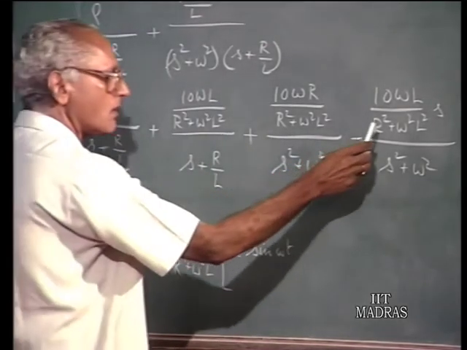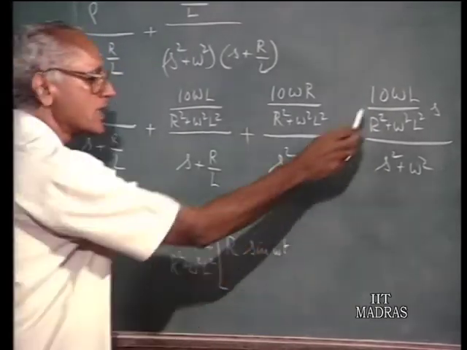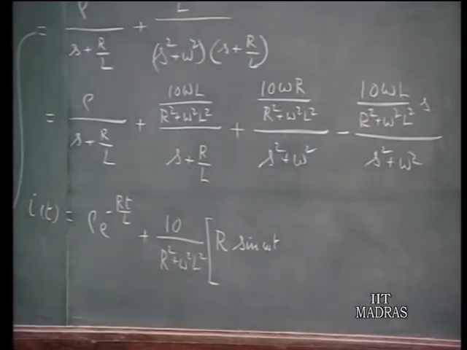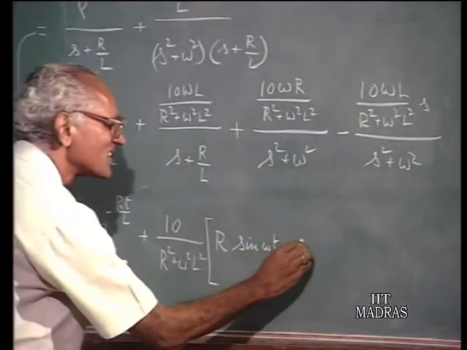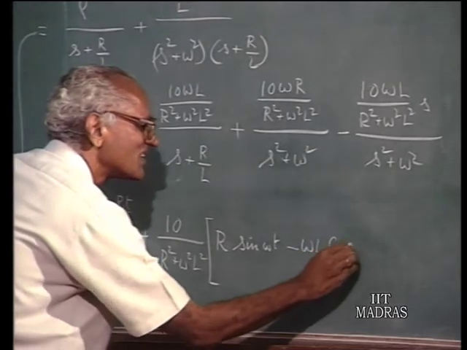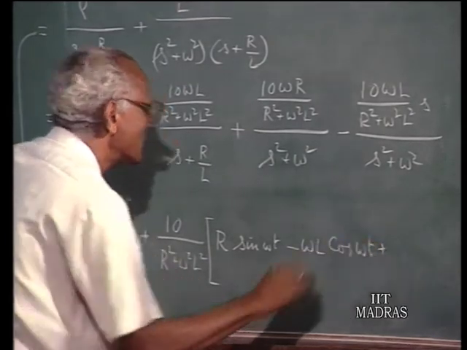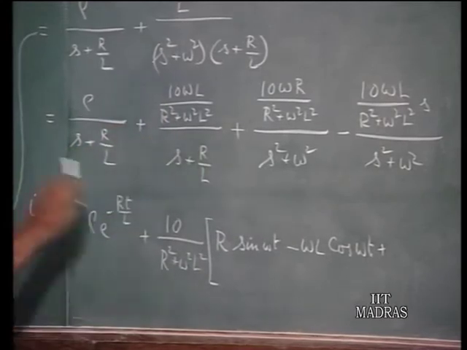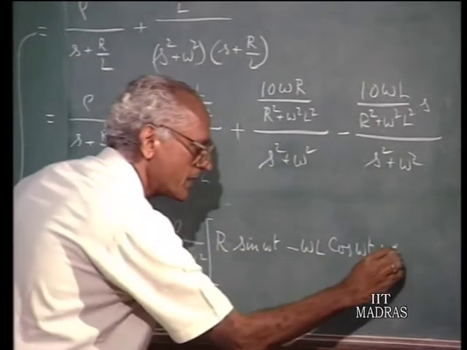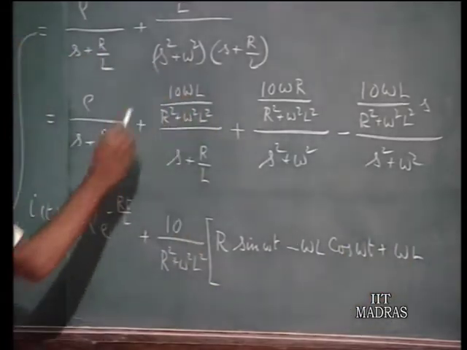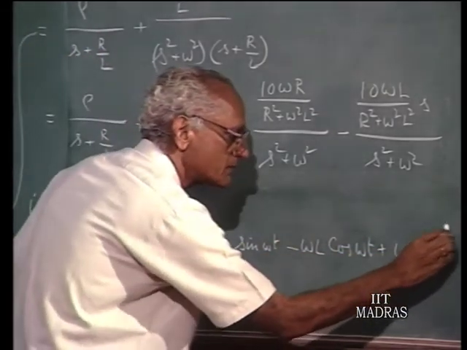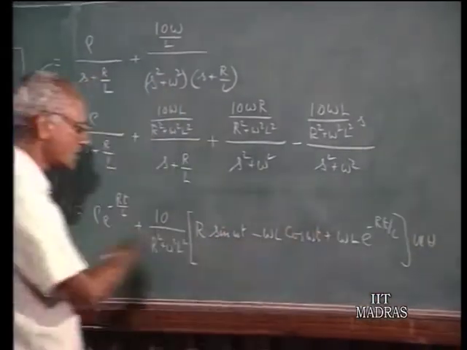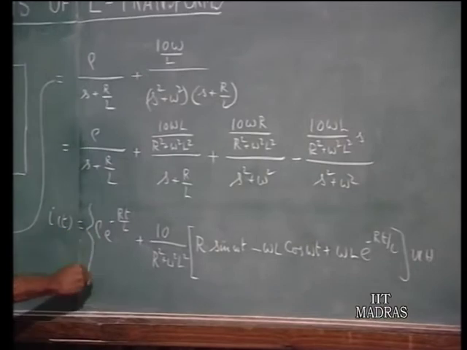Here again 10 over R squared plus omega squared L squared has been taken out. s by s squared plus omega squared will yield cos omega t, therefore I have minus omega L cos omega t, plus here 10 by R squared plus omega squared L squared is taken out as a common factor, therefore plus omega L times e to the power of minus Rt by L, and of course u(t). So, all this is multiplied by u(t).